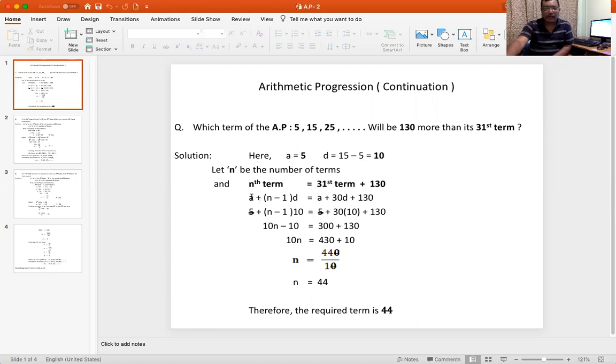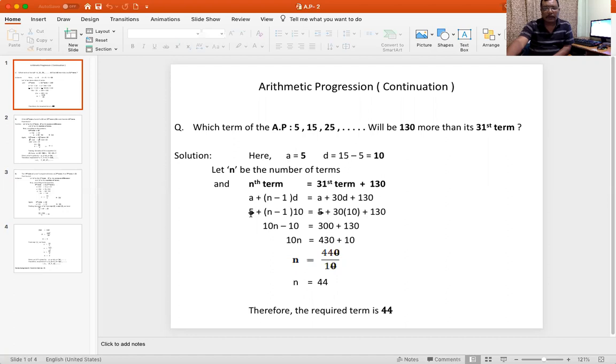Now a is 5, so therefore we put here 5 plus n minus 1 into d, and d is 10, so we put here 10. It is equal to, again, here a is 5, so we put here 5 plus 30 into, again, d is 10, so we put here 10 plus 130.